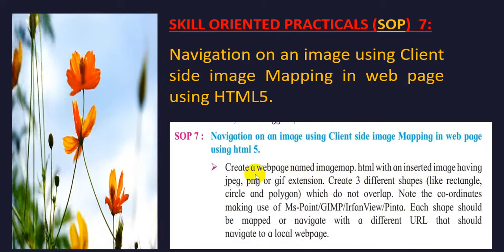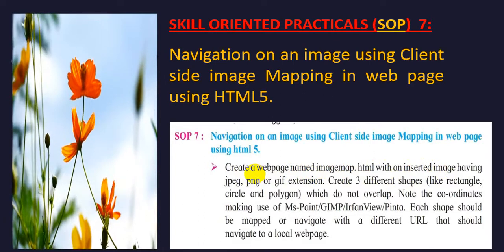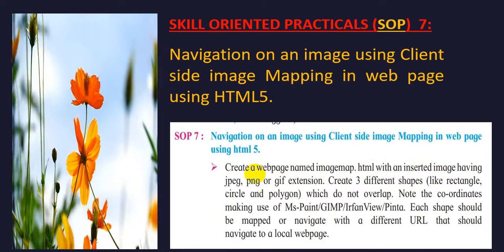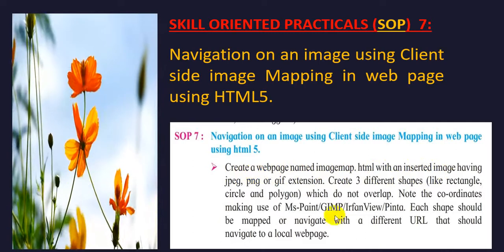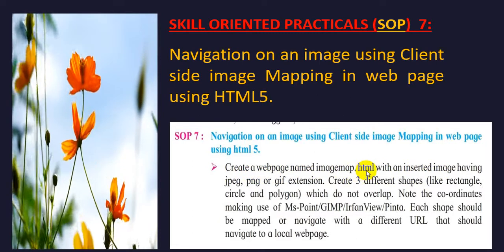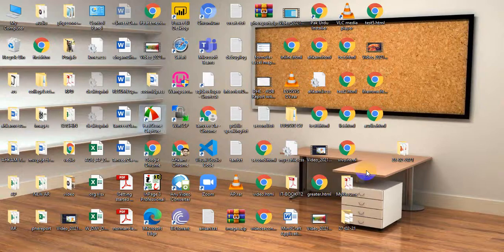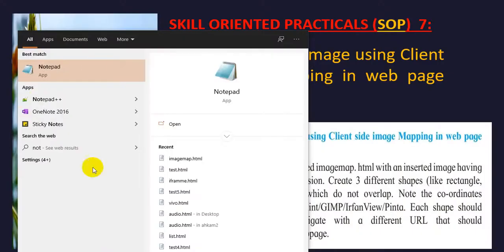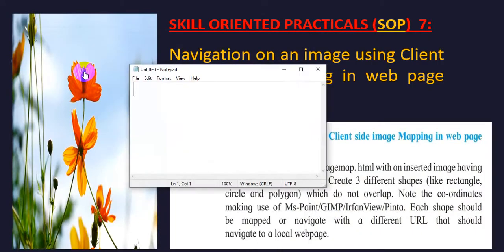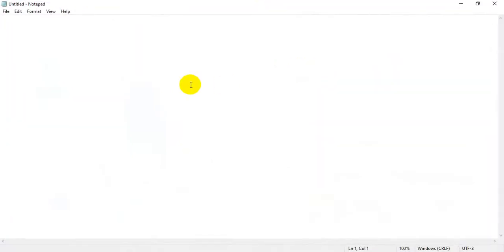So just go to your Notepad application, create a simple HTML5 page, and assign the name imagemap.html. I am moving towards my Notepad application. This is my computer where I can search for my application. I am going to open Notepad, in which I will create a simple HTML5 page.